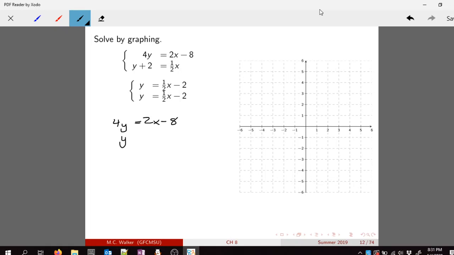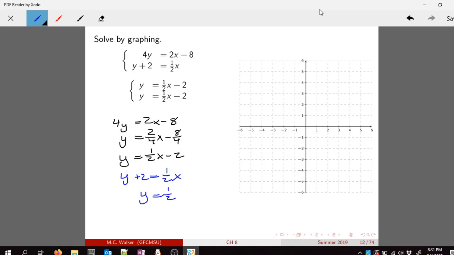We divide everything by 4. 2/4 x minus 8/4. y is 1/2 x minus 2. And the other line, y plus 2 is equal to 1/2 x, y is equal to 1/2 x minus 2. It's the same line.